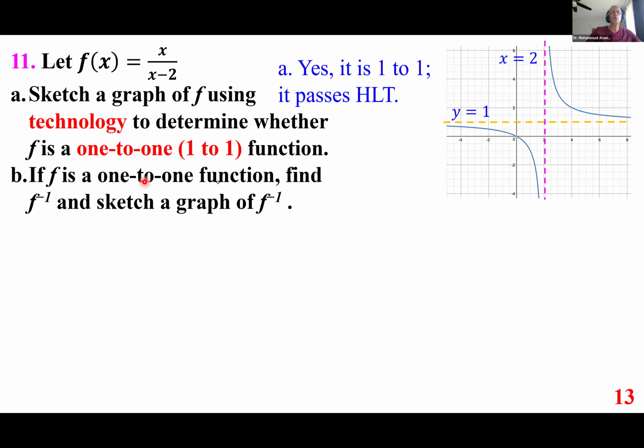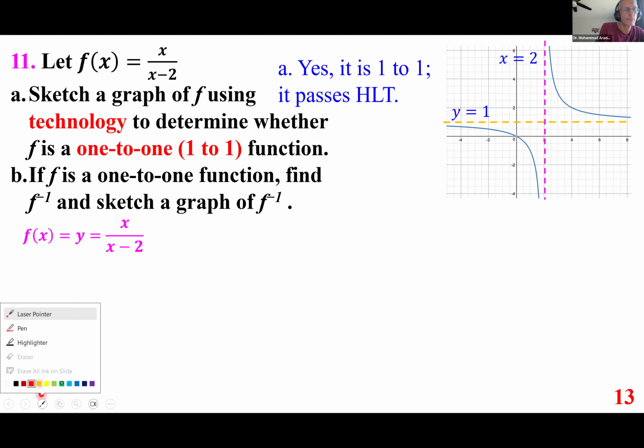If f is a one-to-one function, find f inverse and sketch the graph of f inverse. To find that, we go back here and we change f of x to y because it makes it easier to work with. We do the cross product.